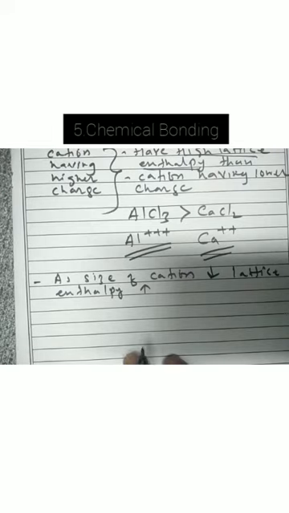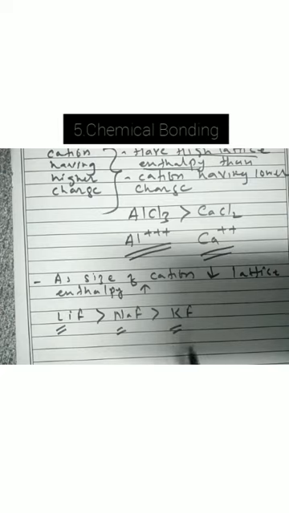See the example: LiF, then NaF, then KF. You can see in the periodic table, first lithium comes, then sodium, the group's next element, then potassium.